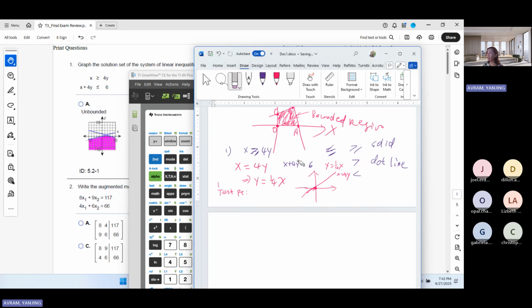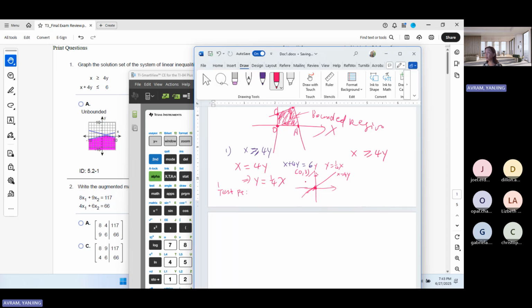I'm going to do the first one first. I need x greater than or equal to 4y, right? I usually like to pick 0 and 0 as my testing point, but since my graph passes through 0 and 0, I cannot use that. So I'm going to use this point, maybe 0 and 3, on the y-axis.